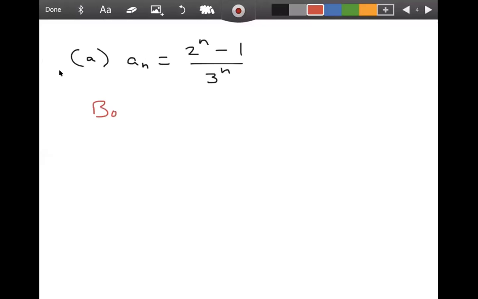This sequence is bounded below by 0, right? It's pretty clear that this sequence is never, ever negative. And what's it bounded above by? Well, maybe if we look at the first few terms, the first term is 2 minus 1 over 3, which is 1/3.